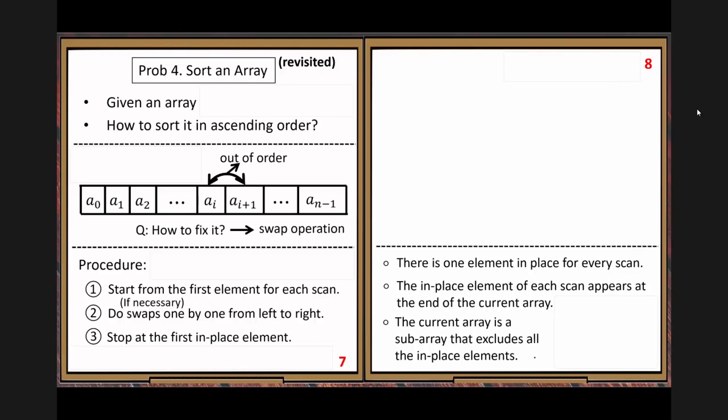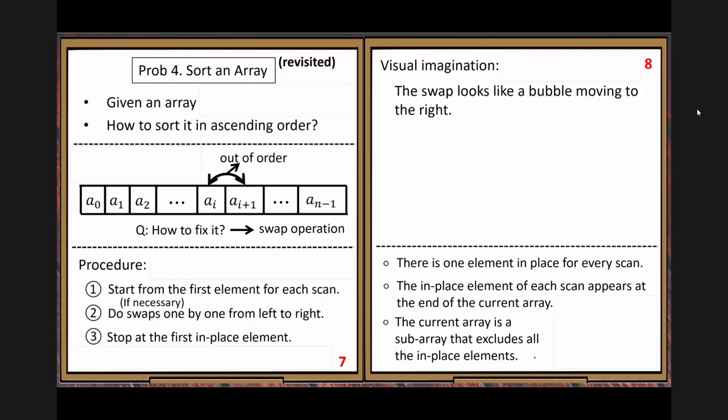And this is a new sorting algorithm. Actually, you learned this algorithm before. After my description, some of you realize you learned this before, right?